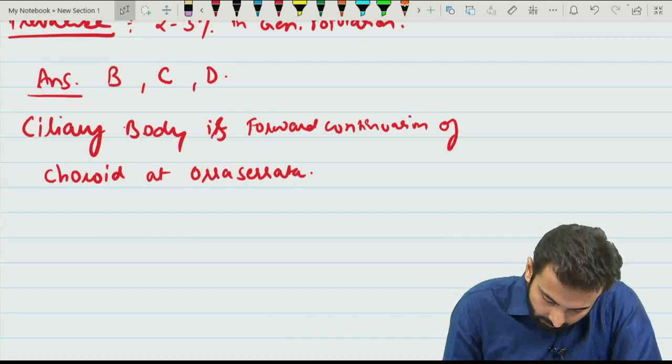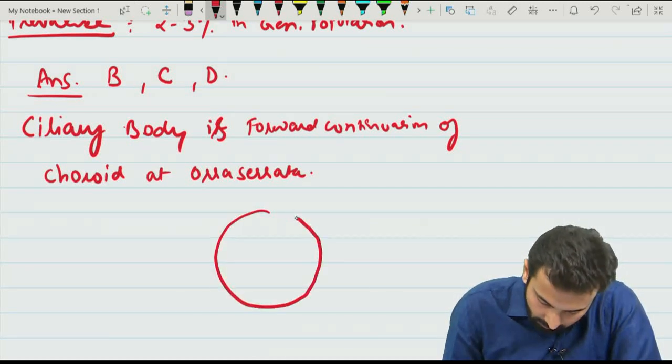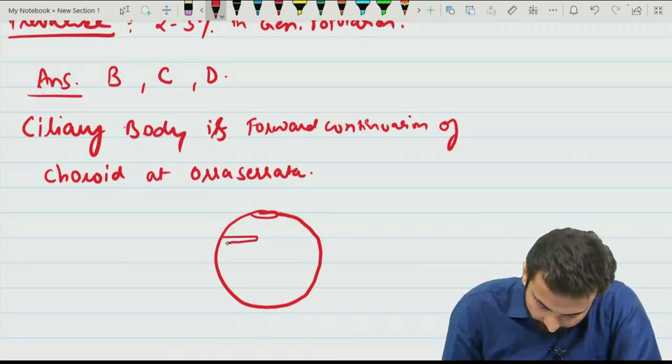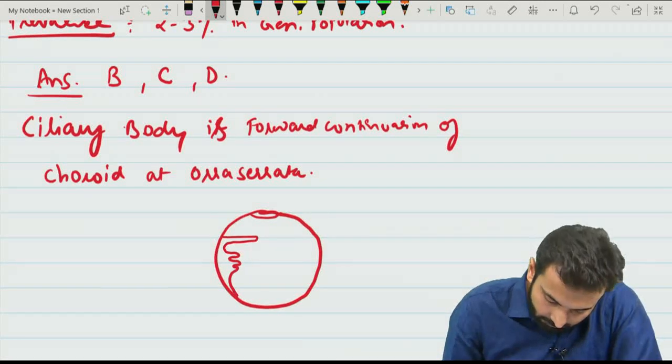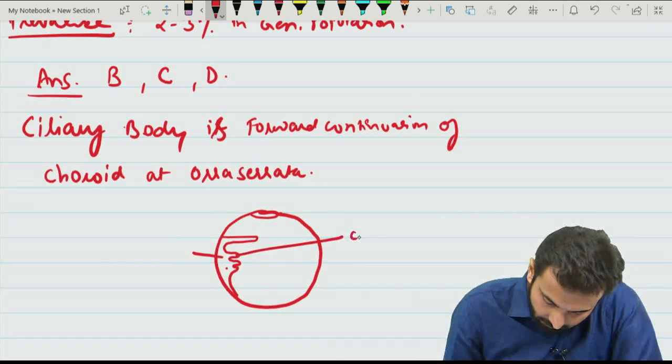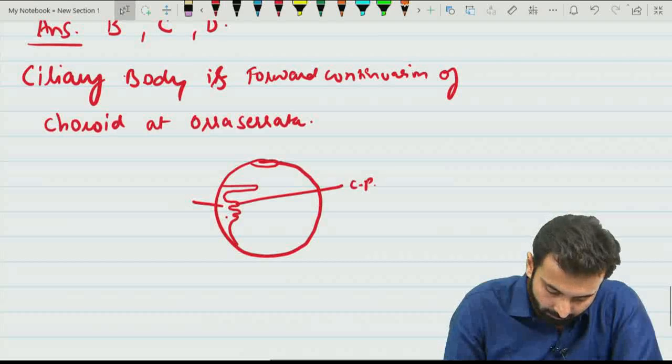Now suppose this is an eyeball. This is iris. And these are the ciliary body, ciliary processes, right? This one is ciliary processes, and this is the anterior part of ciliary body.